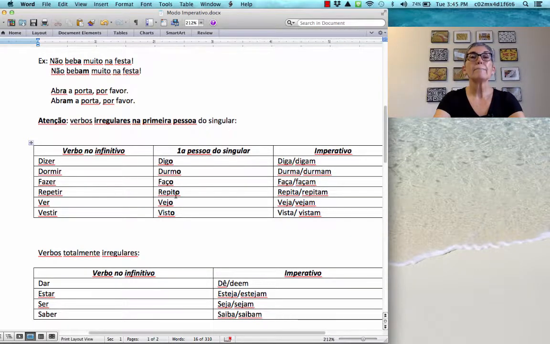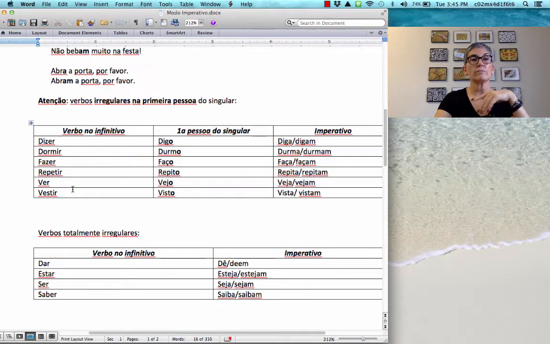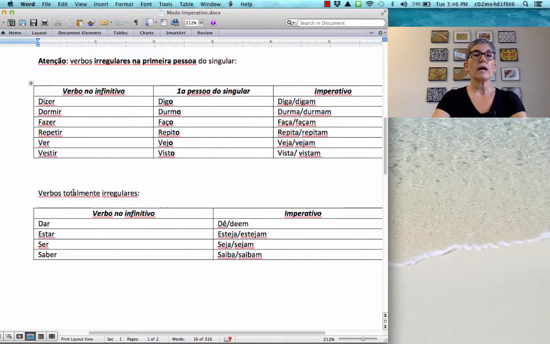Repetir, repito, repita, repitam. Ver, to see, vejo. So imperative, veja ou vejam. Vestir, visto. Então, vista, vistam. So, vestir is to put on something, okay? Clothes items, okay? So, put on the jacket.